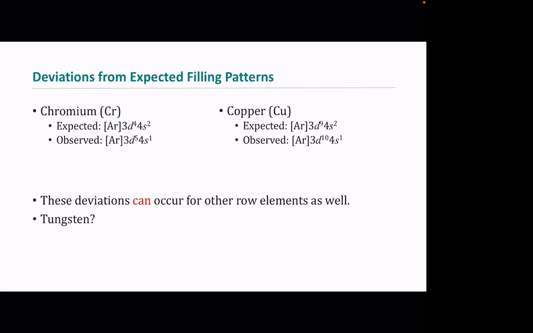Okay, so what you'll see is when we form ions, that makes sense, because when these things form ions, they lose electrons from the higher principal quantum number first. So they'll lose from that 4s before they lose from the 3d, even though it fills the opposite direction. Okay.